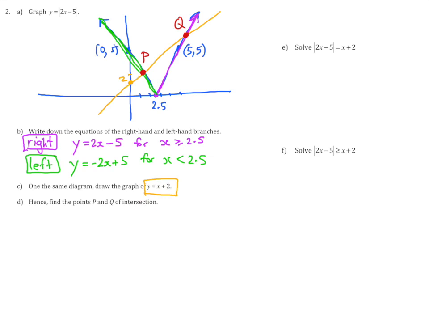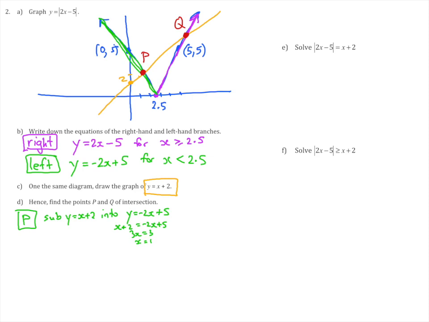So, to find P, we're going to sub y equals x plus 2 into y equals minus 2x plus 5, which will give me x plus 2 equals minus 2x plus 5, which gives me 3x equals 3 and x equals 1 if I follow that through.